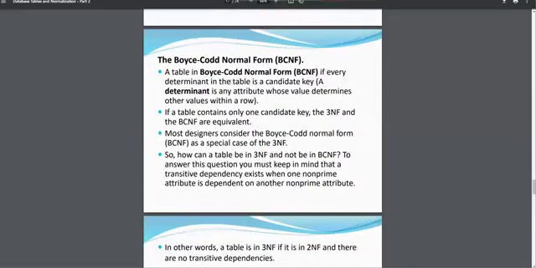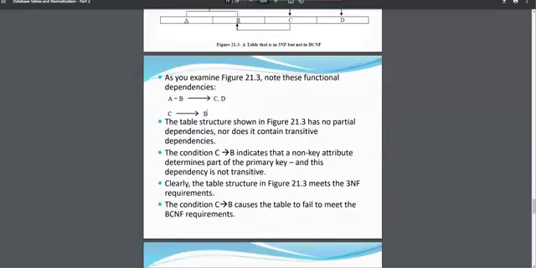If every determinant in the table is a candidate key. A determinant is any attribute whose value determines other values within a row. These concepts, right?